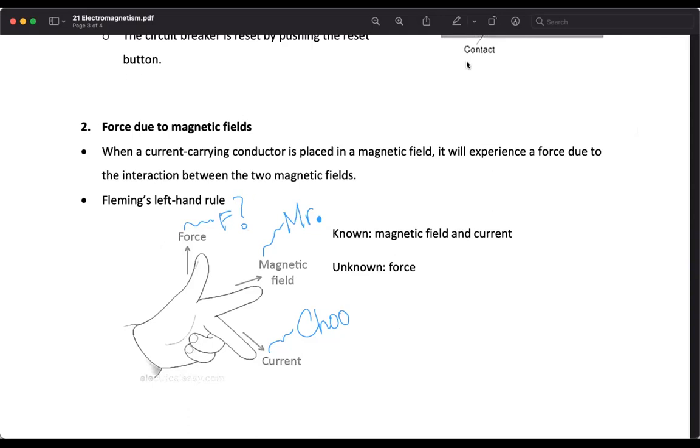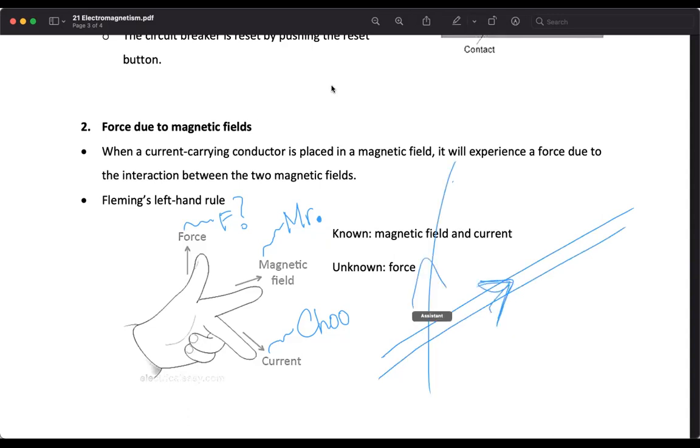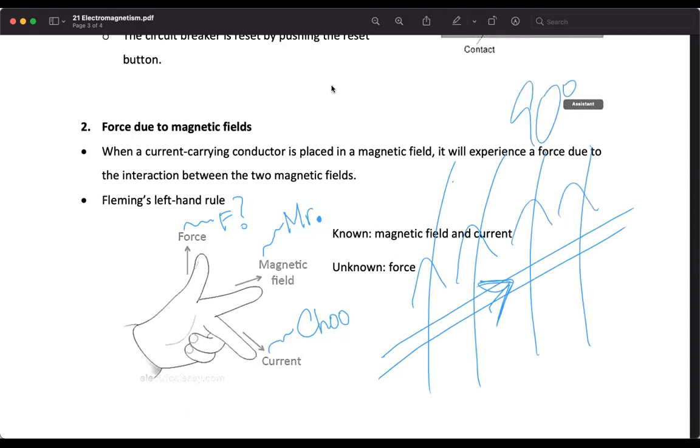So what does this Fleming left-hand rule mean? It means that in an environment where there is a crossing between a current and a magnetic field, for example, you have a current moving this way, and then you have a magnetic field that is at least not 0 degrees to the current.